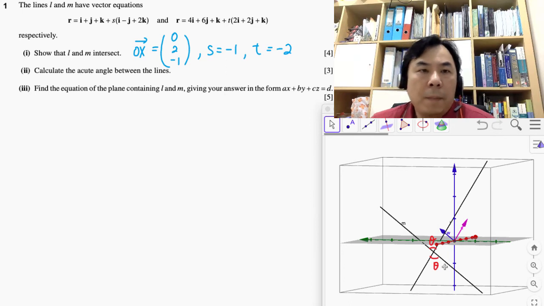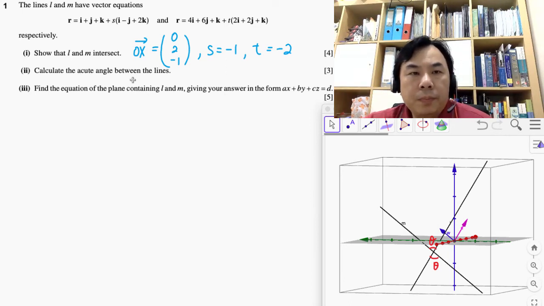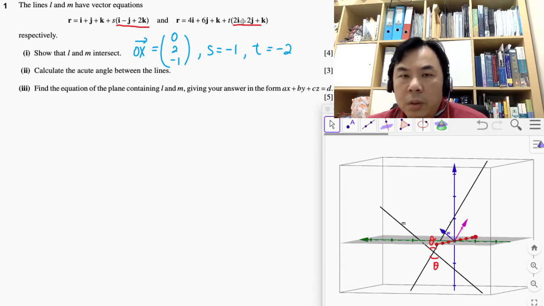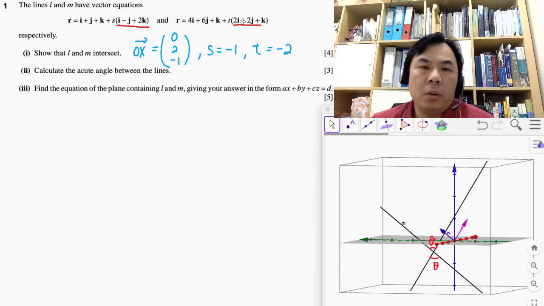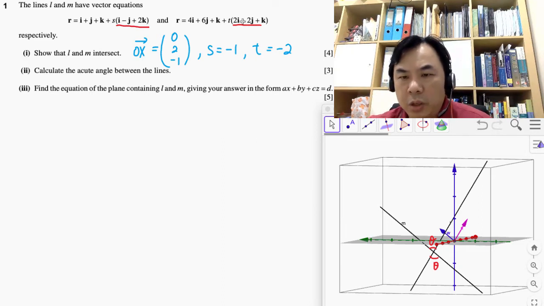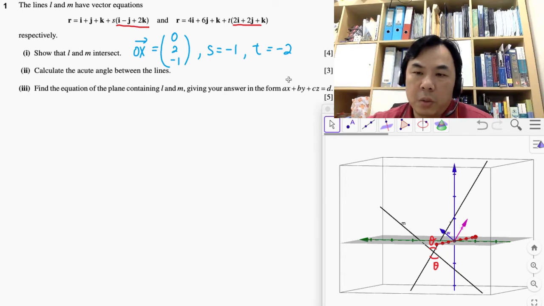For line L, this component here represents the direction for line L, whereby this component here represents the direction for line M. Now, this direction vector is very important because it is not bound to any fixed position vector. Of course, based on the usage here, this direction vector is with respect to the origin.